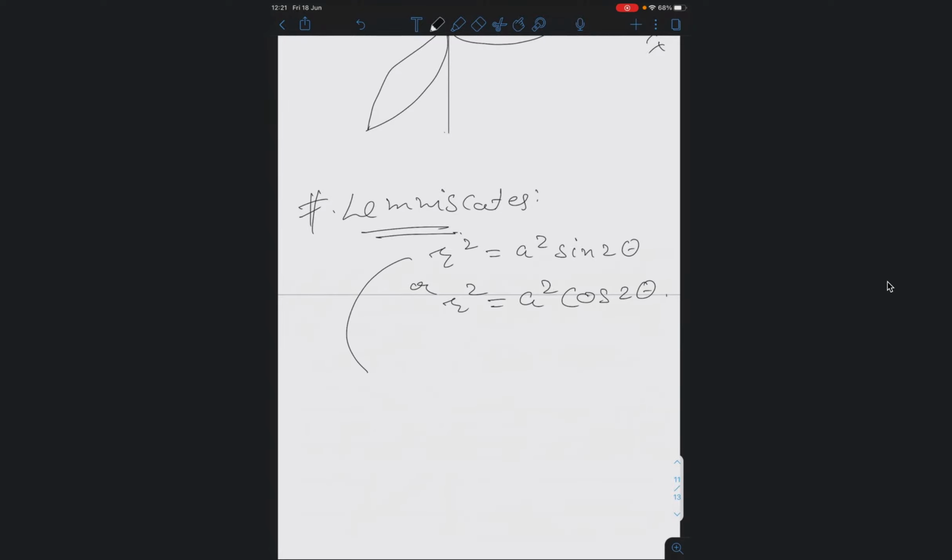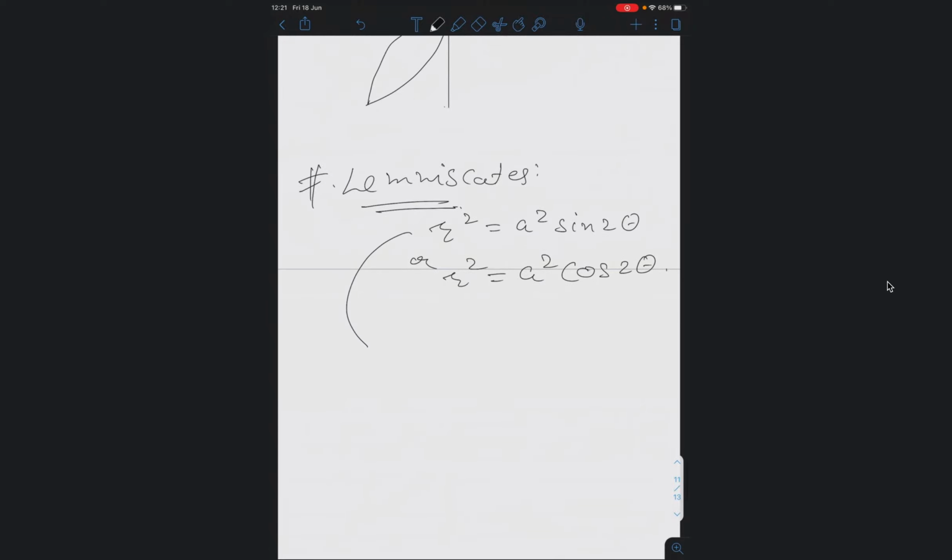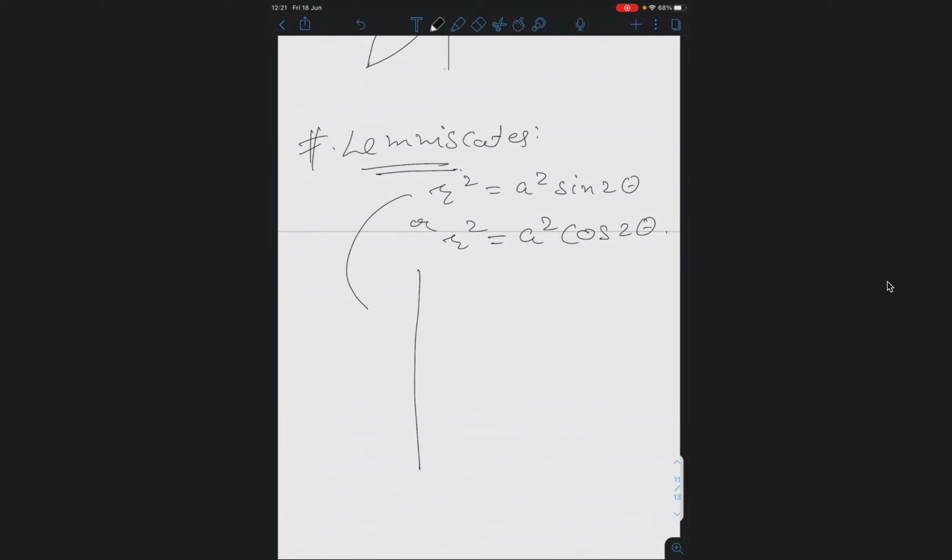So this one I'll draw. R square is equal to a square sine 2 theta will be something like this. I'm drawing it directly, nothing much to discuss here. On this axis, it will be something like this. And this length, you draw it properly, this is a.